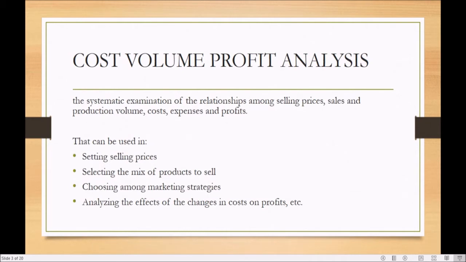Cost volume profit analysis is a systematic examination. Systematic because we have a process that we follow on how we are going to examine. What are we going to examine?